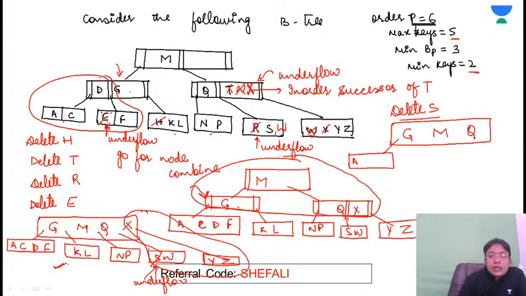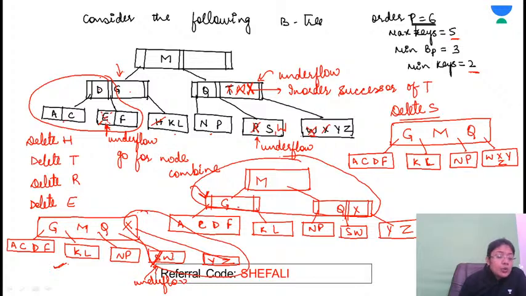So it's A, C, D and F. And on the right of G, we have K and L. On the right of M, it's N and P. And on the right of Q, this comes out to be W, X, Y, Z. Because S is already deleted, that's why we are going for node combine.